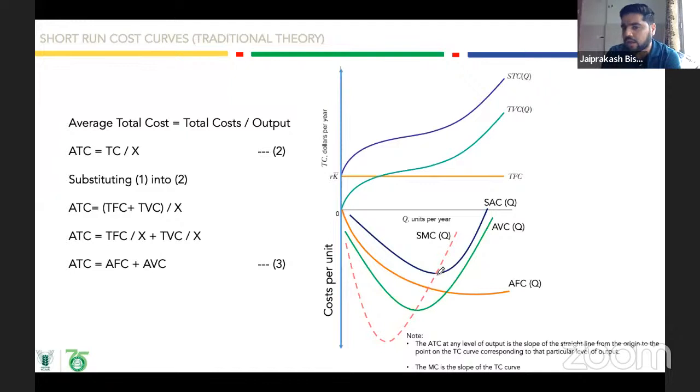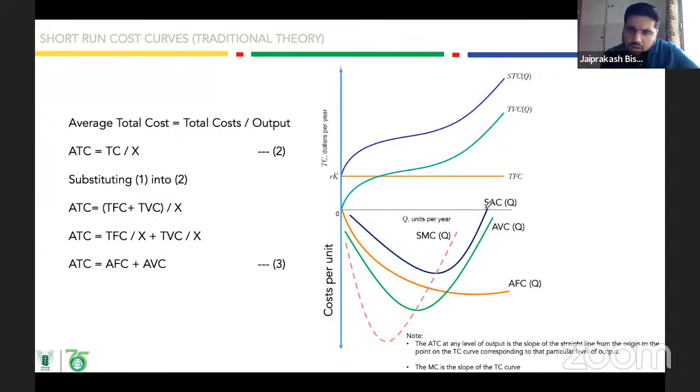But after reaching a certain point, when the marginal cost curve intersects the average cost curve from below and goes above, you see it is pulling this curve above. Till this point, the marginal cost curve is below the average cost curve, so it is pulling it down. But once it goes up, it is pulling the cost curve upside. Okay. So till this point, the costs are declining.